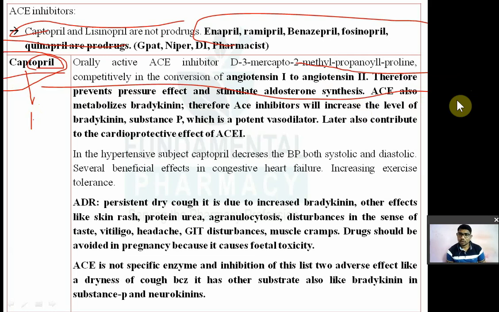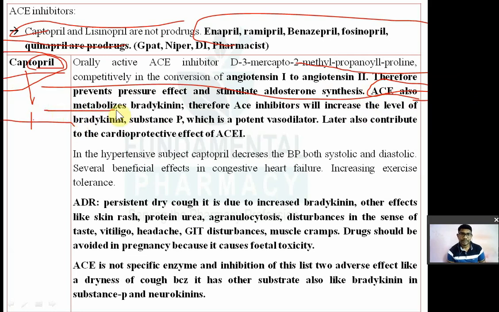Now, angiotensin converting enzyme is not only responsible for the making of angiotensin 2 from angiotensin 1. Angiotensin converting enzyme is also responsible for the metabolism of bradykinin and other peptides.